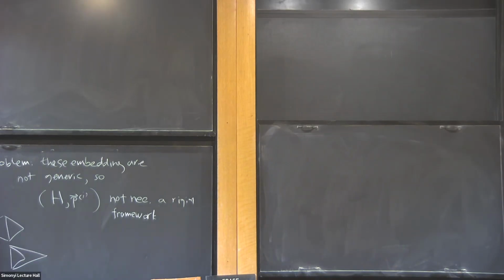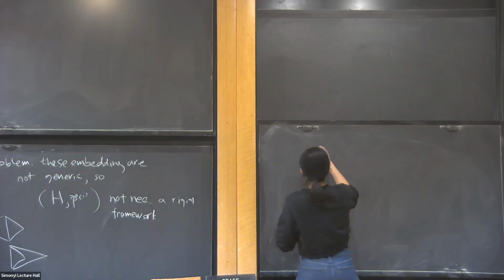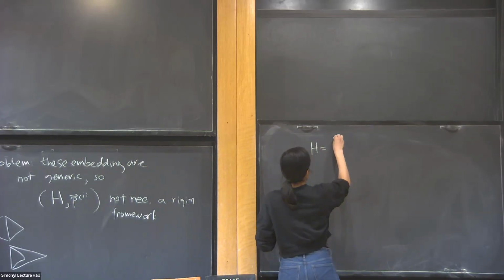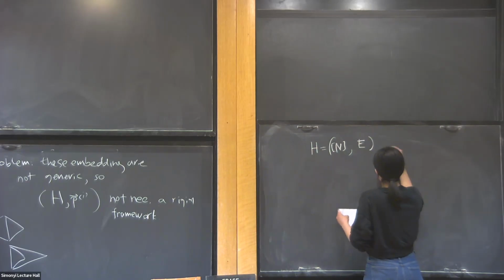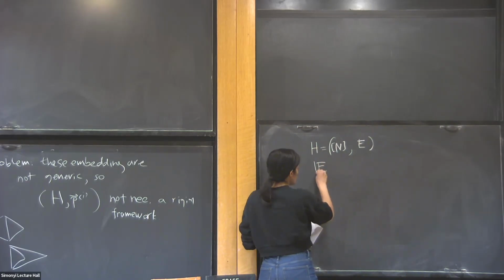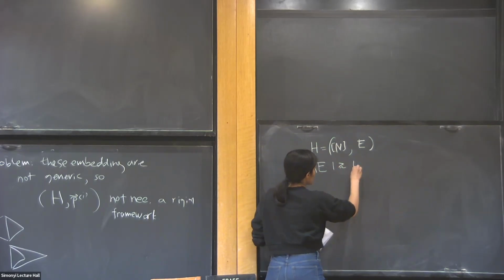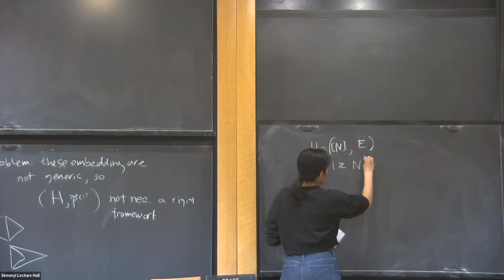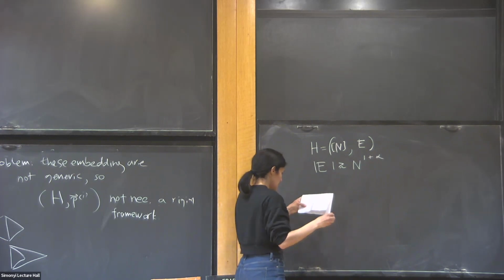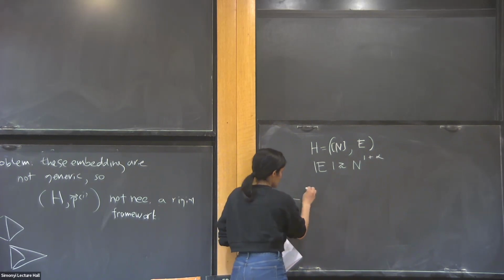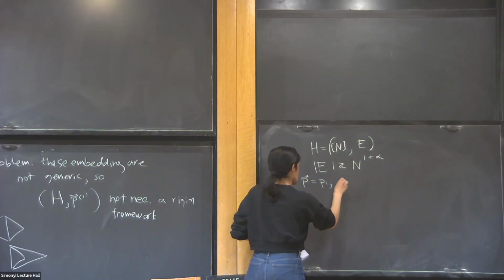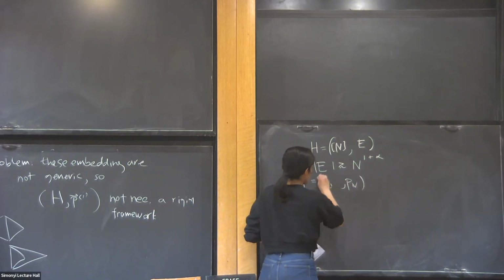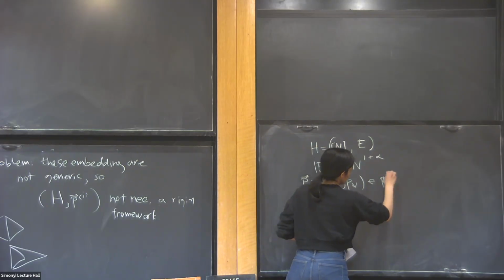Let's say we're given a graph with vertices V and edges E, and let's say that we have many edges in some sense, n to the power 1 plus alpha. And we're also given an embedding of this graph in R2.